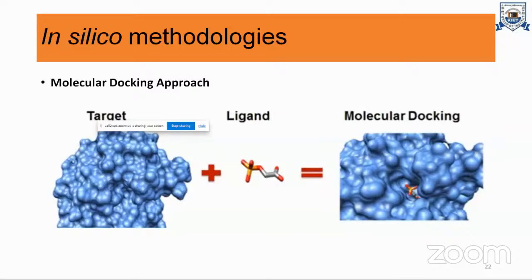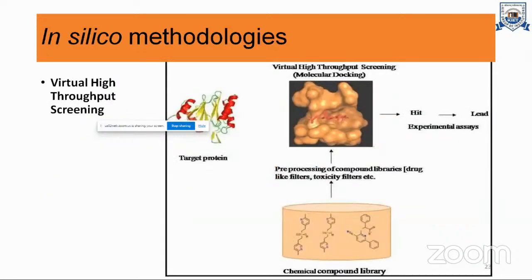In addition, there is high throughput screening and in vitro analysis, which will help us to screen out a large set of compounds.